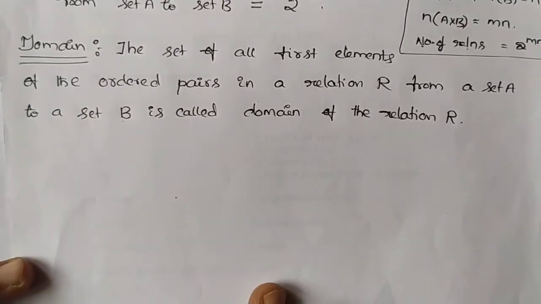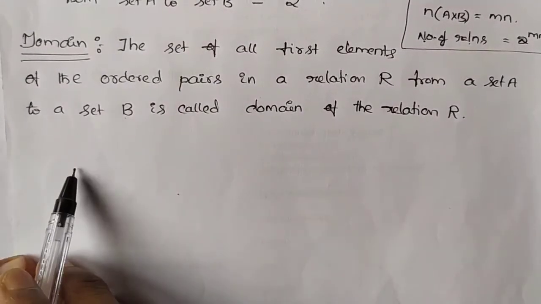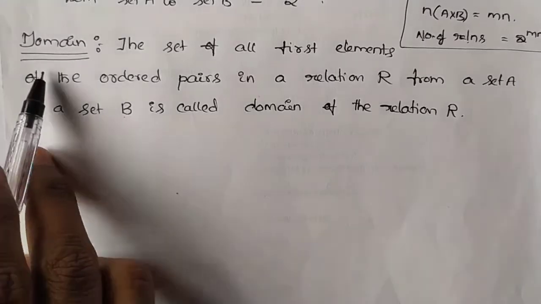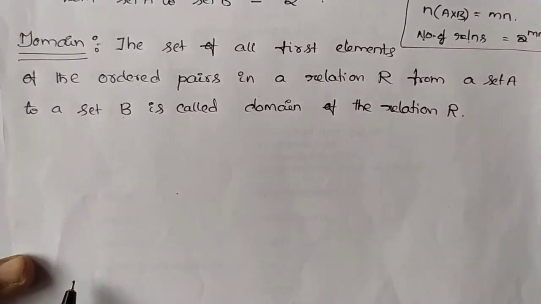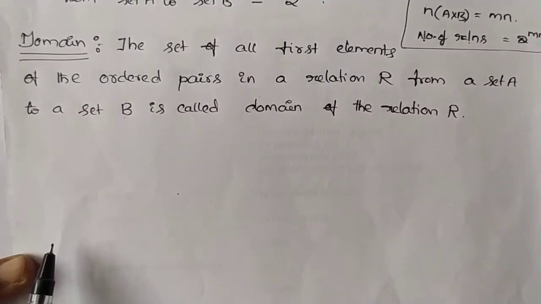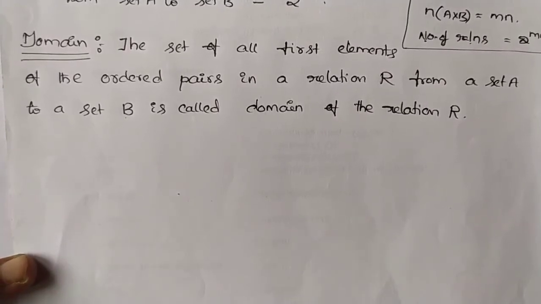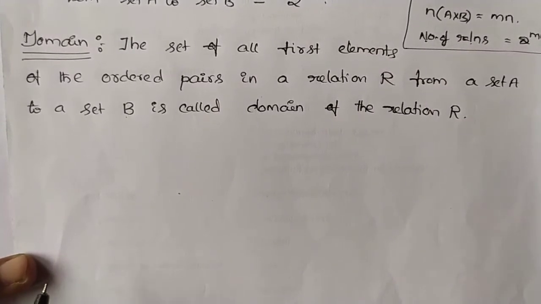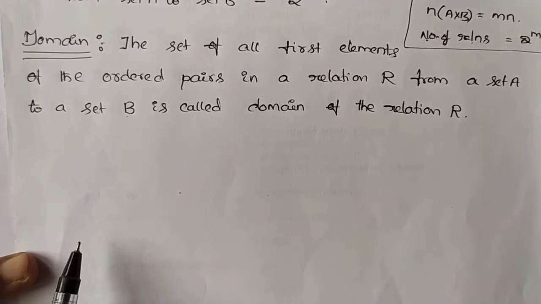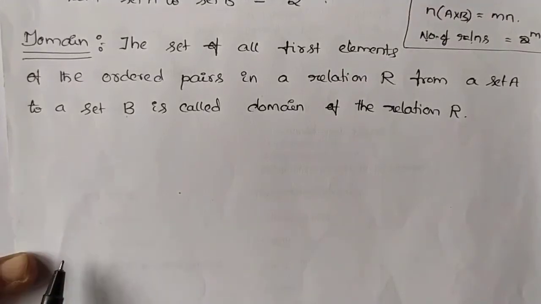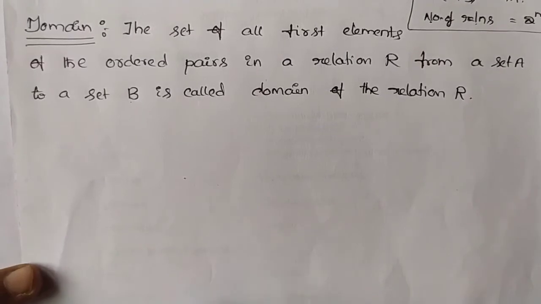Next, codomain. Domain, codomain and range. Based on these three definitions, I will give one example after the completion of codomain and range.